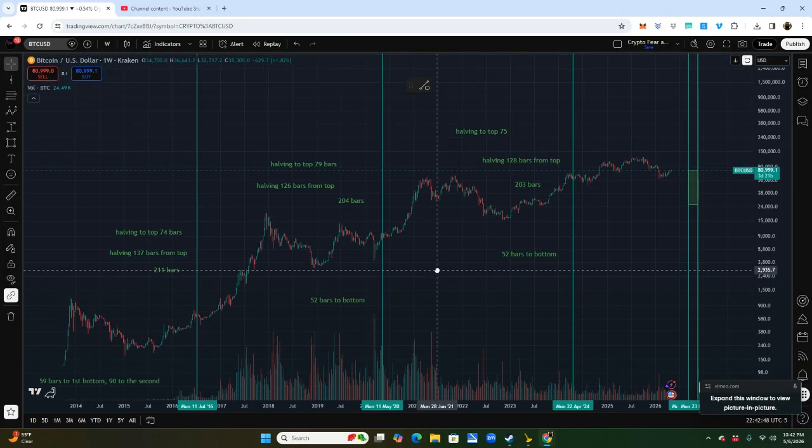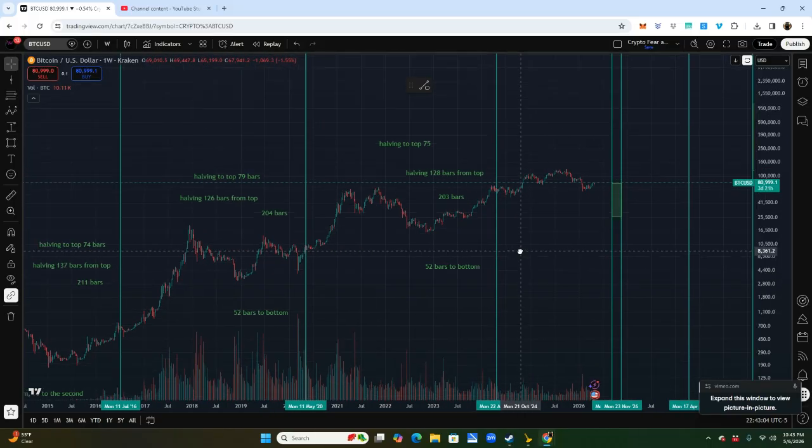I know a lot of people are probably sitting there saying you can't predict what's going to happen by the history of Bitcoin, but I've showed it here. If you went by this rule the first time, you would have got pretty dang close here, and then you would have got pretty dang spot on right there as well.